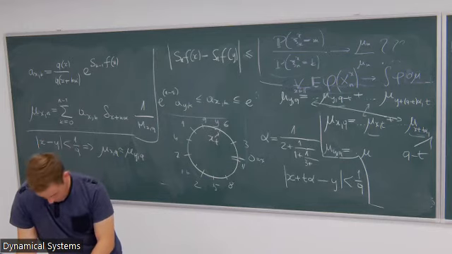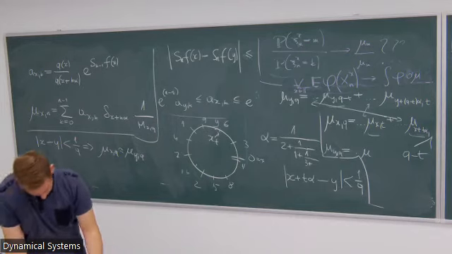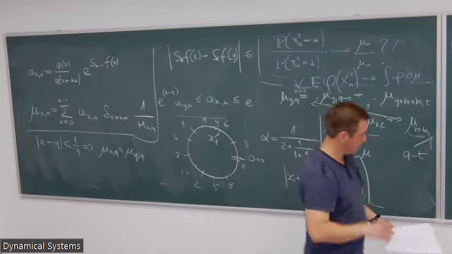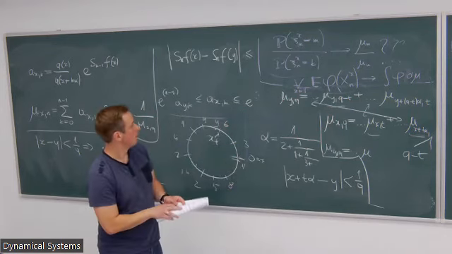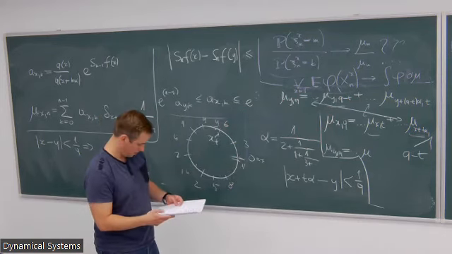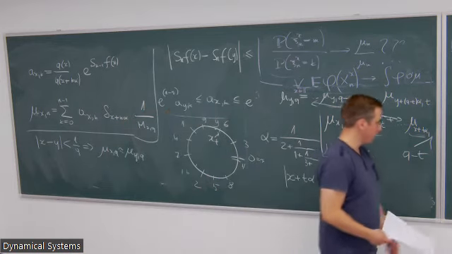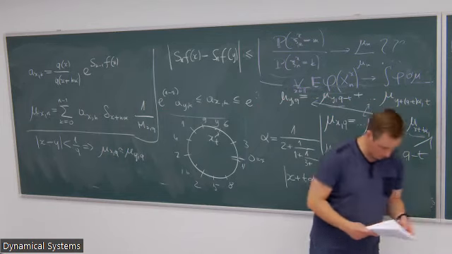But maybe I won't go into details. If you don't know what the Chacon-Ornstein theorem is, see it later. But there is an interesting question of whether this condition, P is C1, is optimal or not.